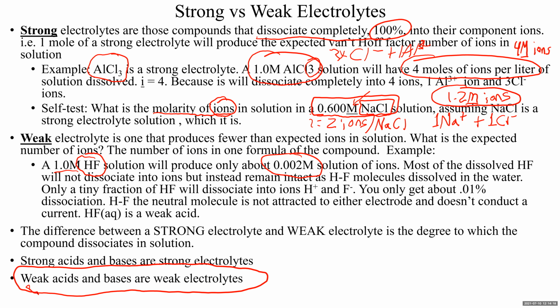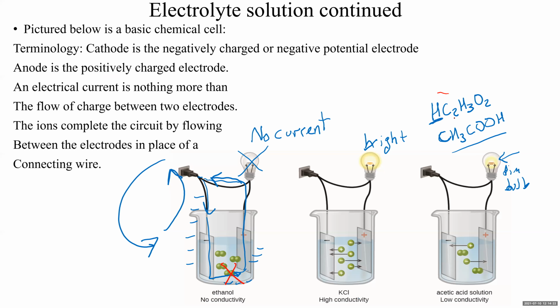But I'll tell you right now, in addition to acetic acid, any acid that has carbon in its formula is weak. I've said this before, and you probably remember it, but any carbon-containing acid is weak, and therefore must be a weak electrolyte.